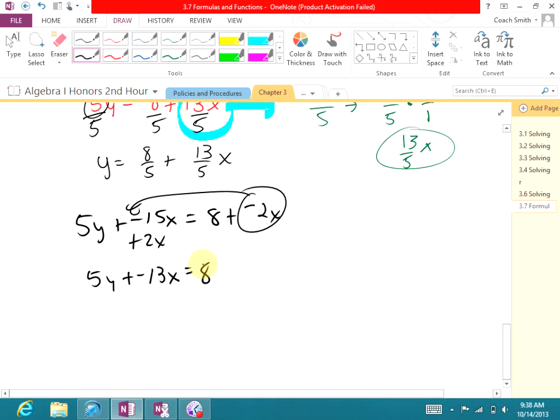Problem is they want it in y equal something form. So if you do that, then you're just going to have to turn around and take that back over there, which makes it a positive 13x. And so you still got 5y equal 8 plus 13x. And then you got to do that. So either way, you're going to come up with the same answer.